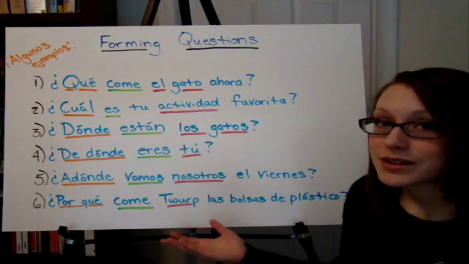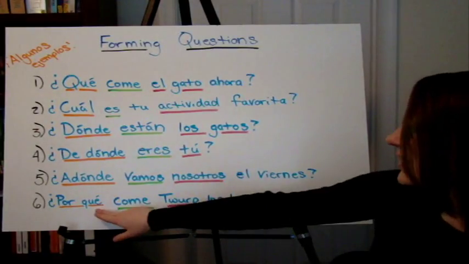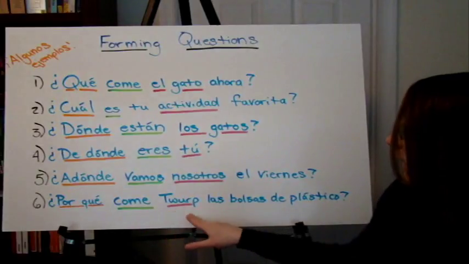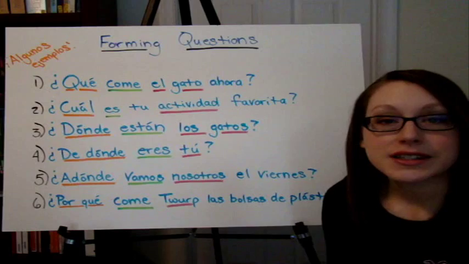I don't know. It's a very good question. But we have the interrogative, the verb, and the subject, and then the rest of the sentence. Okay? And that is how you form interrogatives.